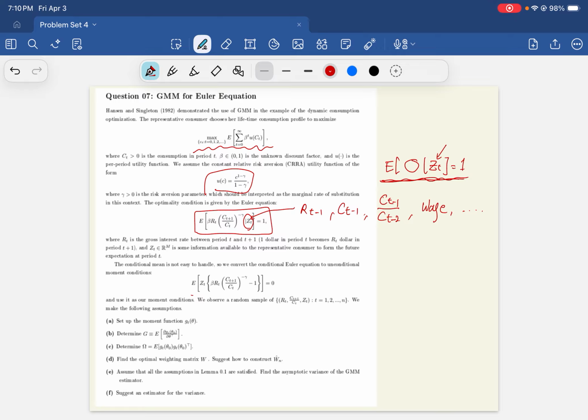So usually an easier way to handle this information is to change it into an unconditional expectation. This is what I suggest: instead of conditioning on z, I have z times something equals 0. So it is a conditional mean independence assumption, but this is an uncorrelatedness assumption. Other than that, it's pretty obvious.